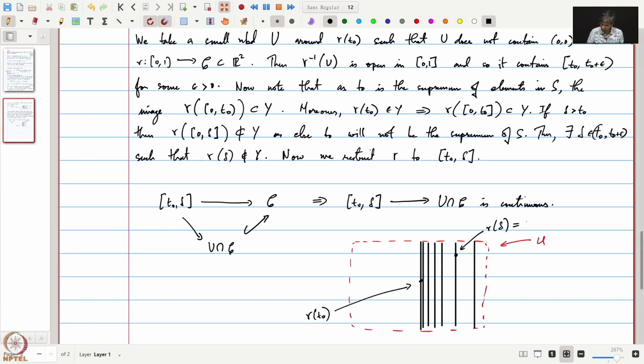So gamma of delta is not in Y, so it lands outside Y, and it also lands inside U, so therefore it is of the type (1 upon n, y) for some n positive, right?